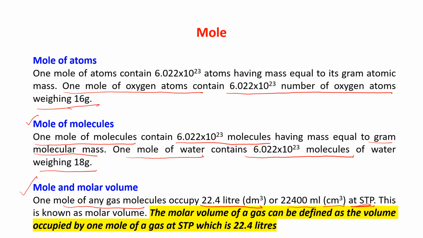Why am I saying all these things? Because they will be required while doing the numericals. This is known as molar volume. Molar volume of a gas is the volume occupied by 1 mole of gas at STP, which is 22.4 liters.